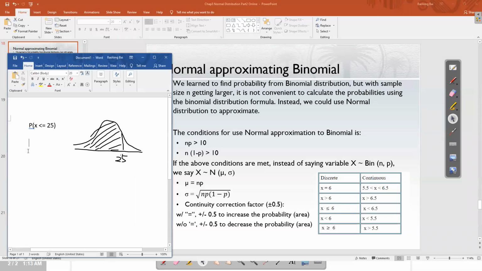By the correction factor, it will become either the probability of x smaller than 24.5 or the probability of x smaller than 25.5. But since you have an equal sign, you want to make the area bigger. So you need to choose the one that has a bigger area. Which one do you choose?